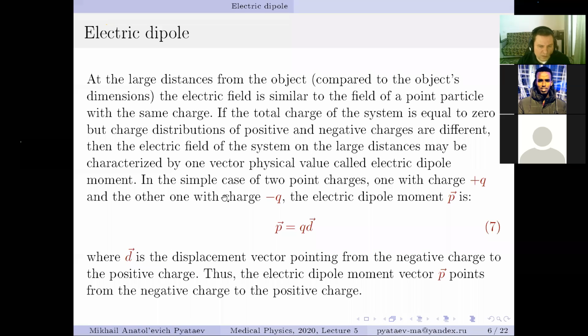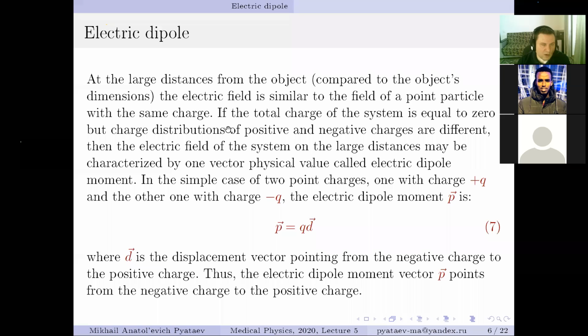At large distances from many objects, the shape and the size of objects becomes less and less important. The larger the distance, the less important size and shape. So from large distances, many objects can be considered as point particles. And the same is true for electric fields produced by them. So from large distances, any electric system looks like a point particle.